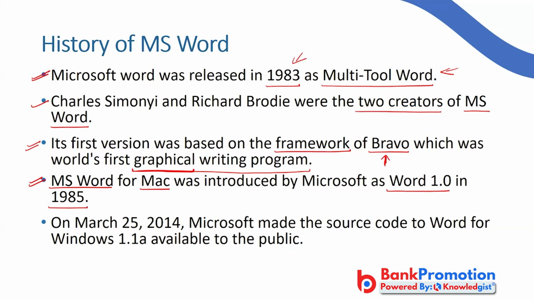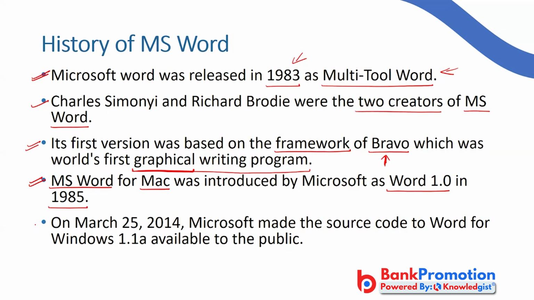Not for Windows, which is a product of Microsoft, right? They have their own operating system, which is called Windows 10, Windows 11, and so on. So they were not launching their software on their own platform. They launched it on the Apple platform, the Mac, right?